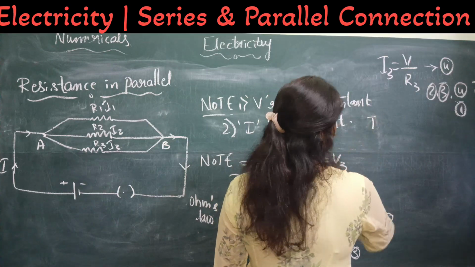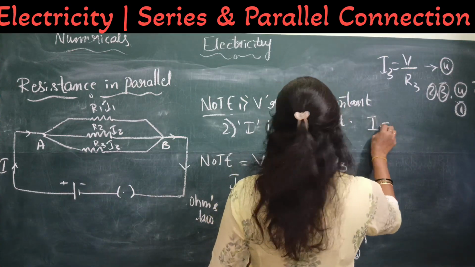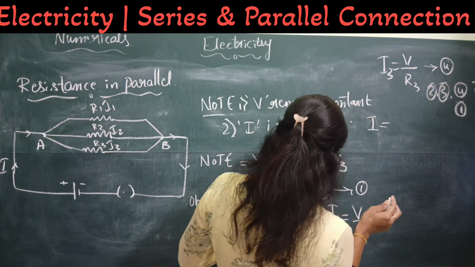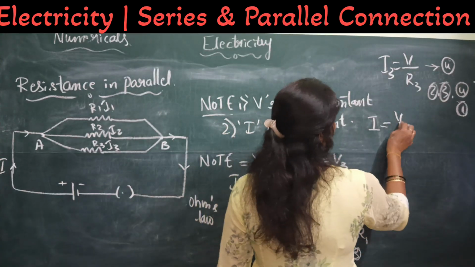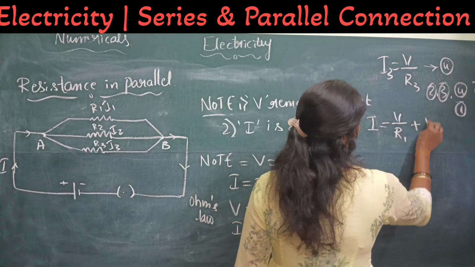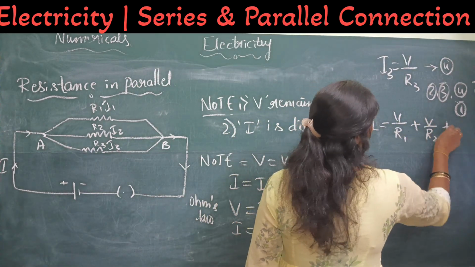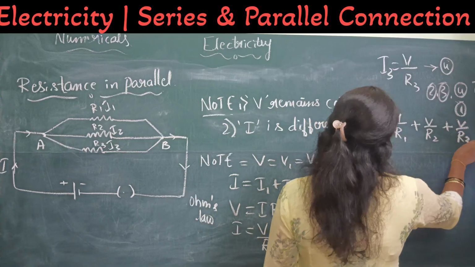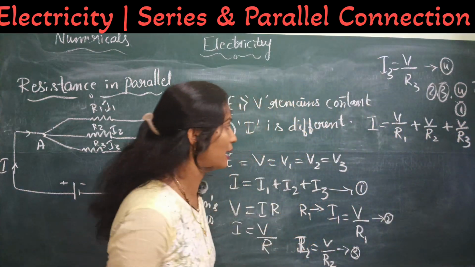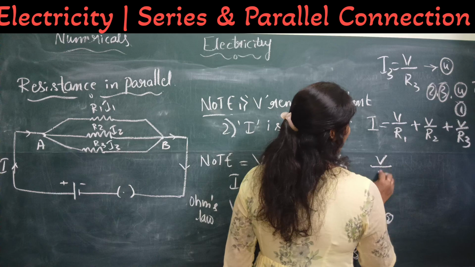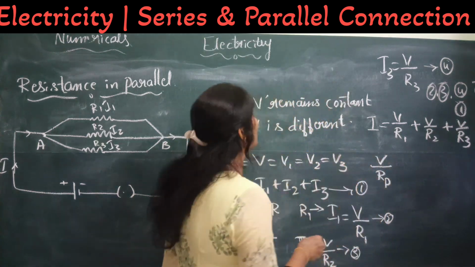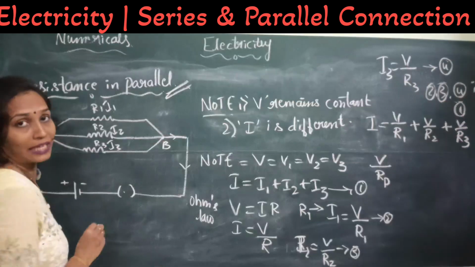I is equal to what we got for I1: V divided by R1 plus V divided by R2 plus V divided by R3. I can take I as V divided by Rp because it is a parallel connection.